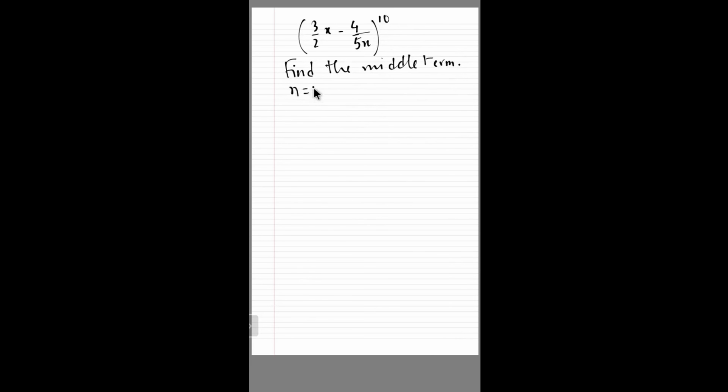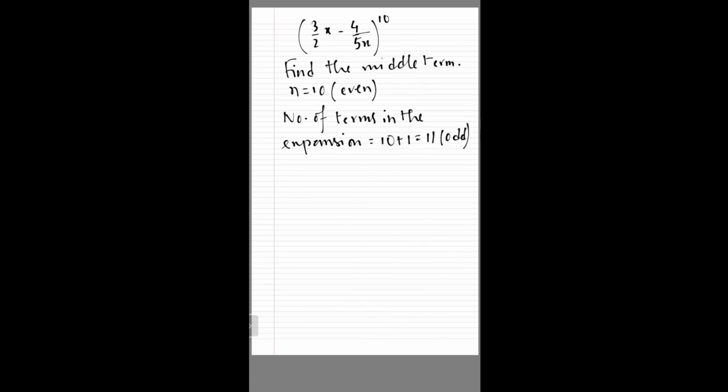So here n is equal to 10, which is even. So the number of terms in the expansion we can write as 10 plus 1, that is 11, which is odd.